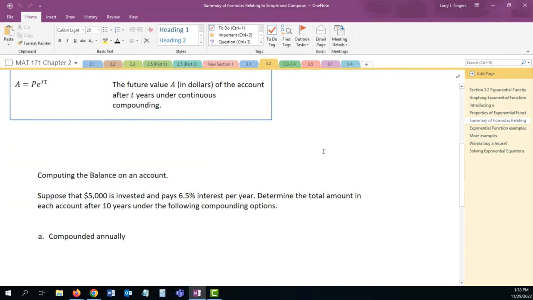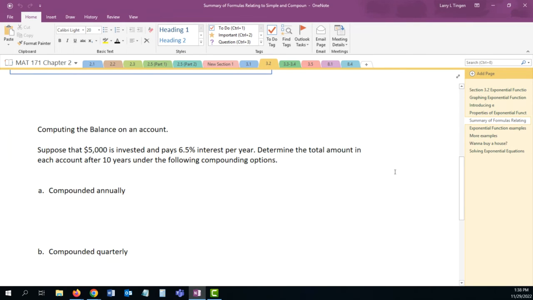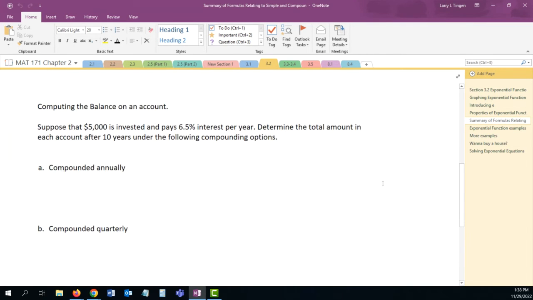So with that in mind, let's take a look at future values for a $5,000 investment that pays 6.5% interest per year. And then how much money do we have after 10 years? So let's do it. If I compound annually, let's just run the point home here.